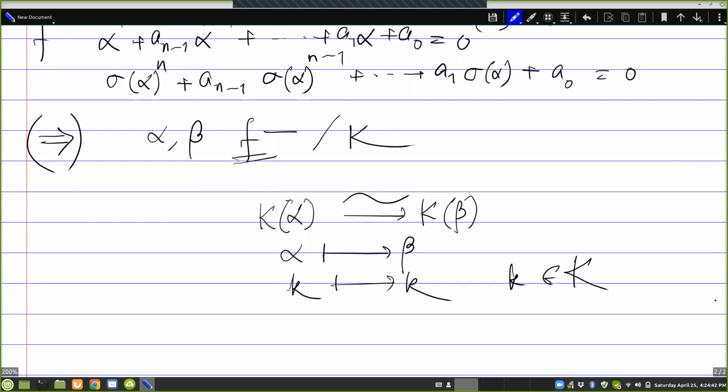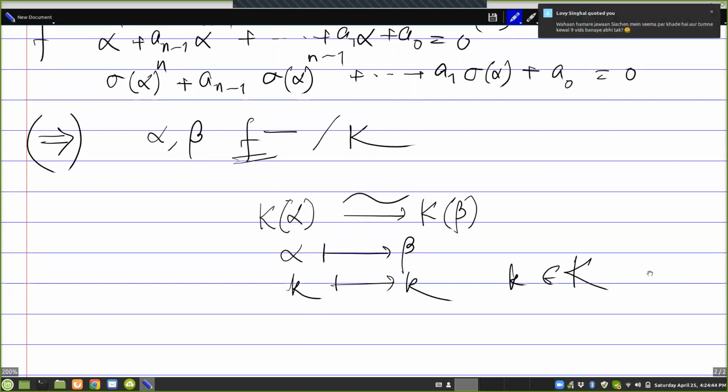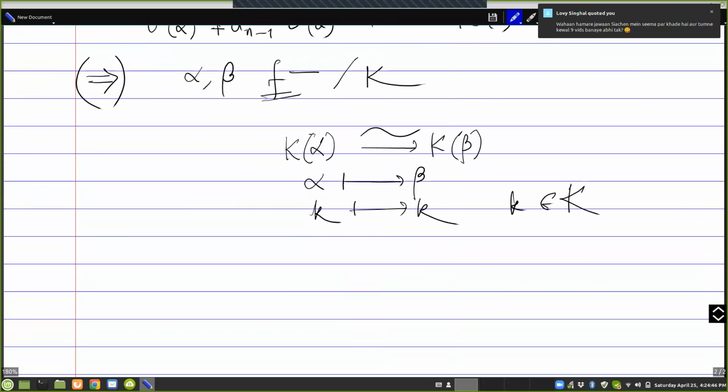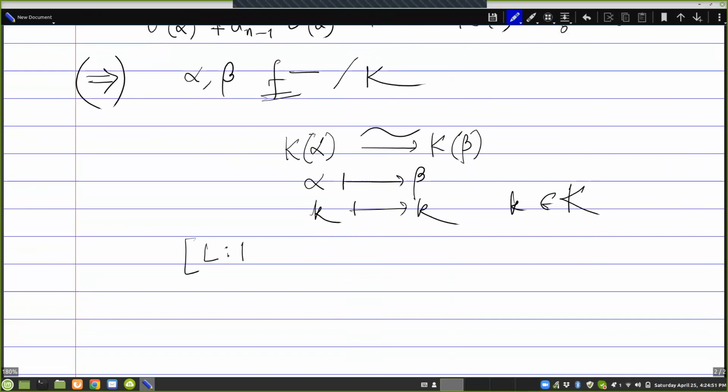Now what we do is we will consider L as an extension of K(alpha).